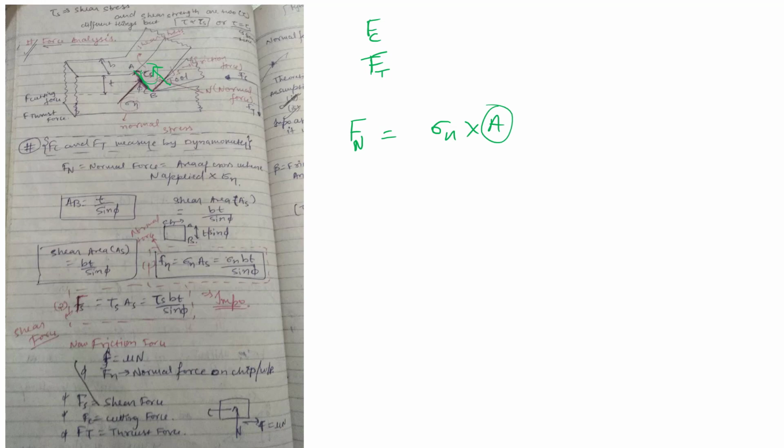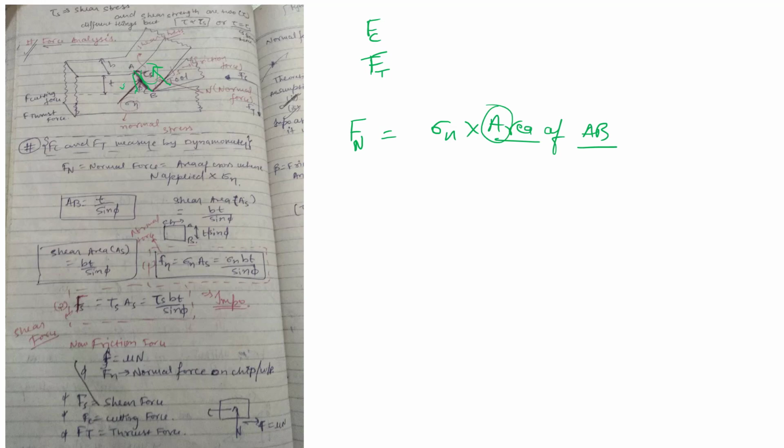The normal force acts on the shear plane, so the area would be the AB plane. We have already discussed how to find the length of AB in the previous video.